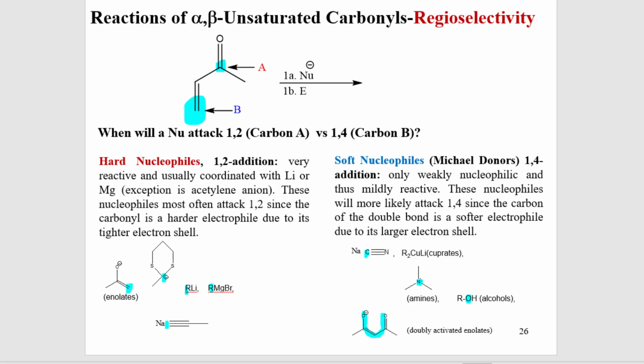Hopefully that will help you understand that the copper does the attacking. It transfers one of the R groups on eventually, but it really is the copper that's doing the attacking. Thus, it falls under the soft nucleophile category. These are also called Michael donors. And so if you understand which nucleophiles are hard and which ones are soft, you'll be able to tell which ones do a 1,2 addition and which ones should do a 1,4.